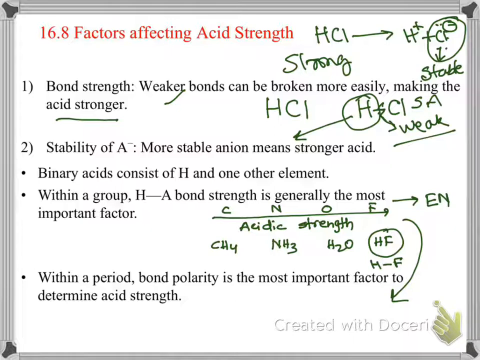And a more polar bond can be broken easily, or we can say the polar bond makes hydrogen easier to ionize. So when you have two or three molecules given, and those atoms are in the same period, then you compare the electronegativity.